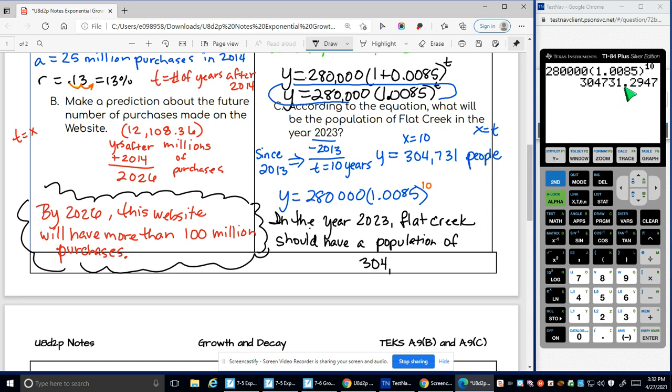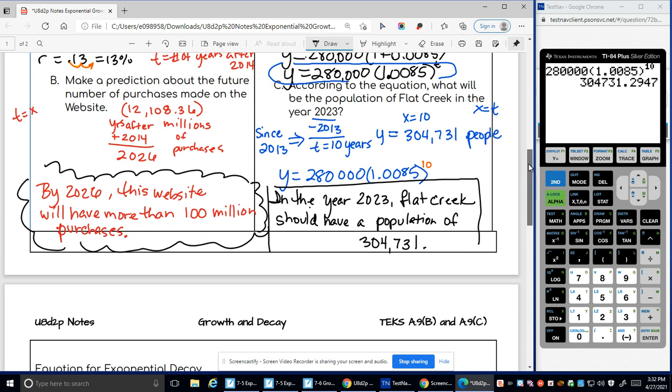And you know what? I'm sorry, but that 0.29 of a person doesn't count. Sorry, not yet. So we're just going to round it. And we have our official answer. Okay. So that's growth, folks.